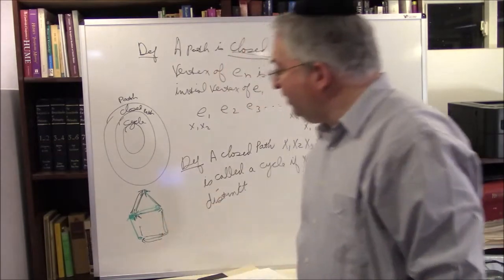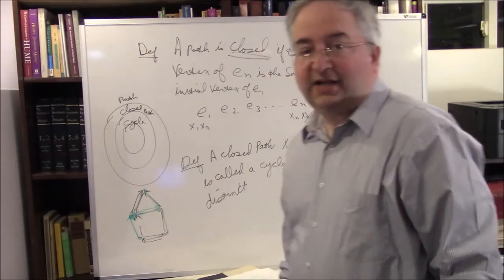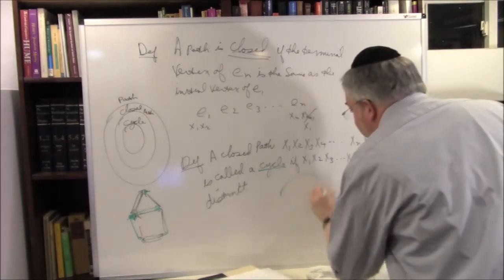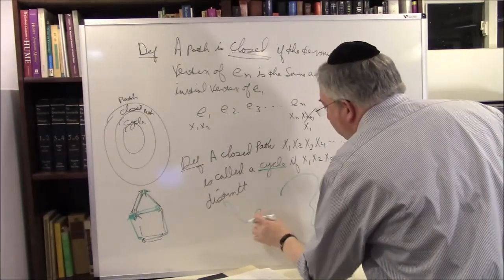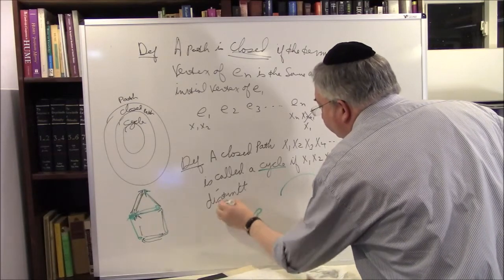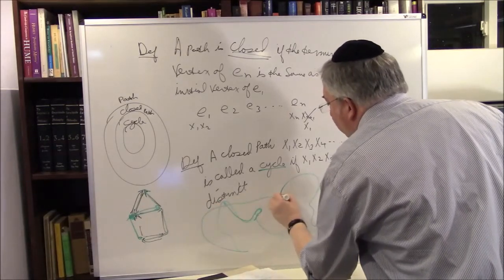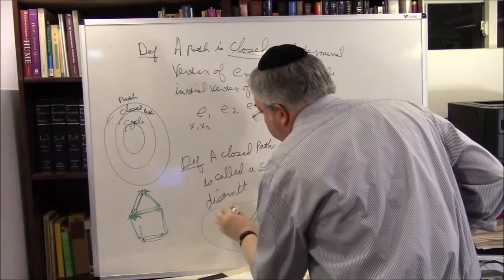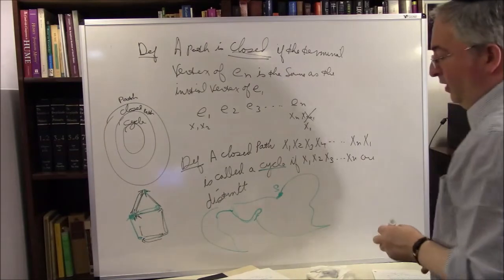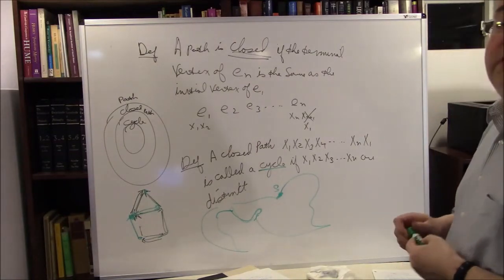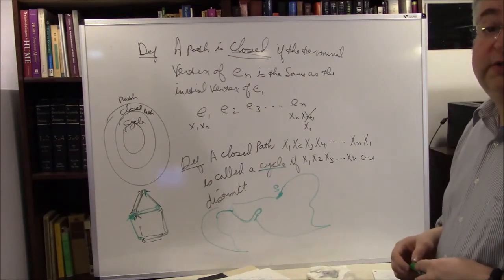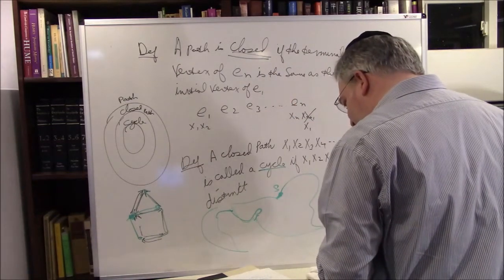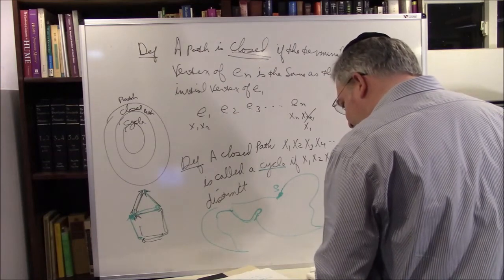Forget that green line. They met twice over there. That's not a cycle. A cycle means something like this: you start here and you finish there, but you don't hit any vertex twice. So that's called a cycle. That's a special type of thing.